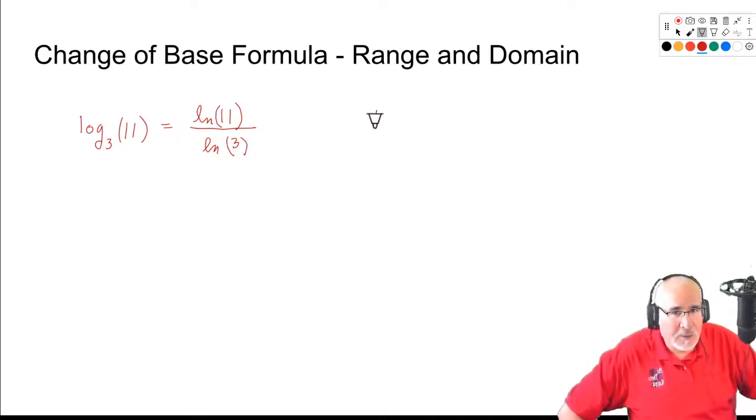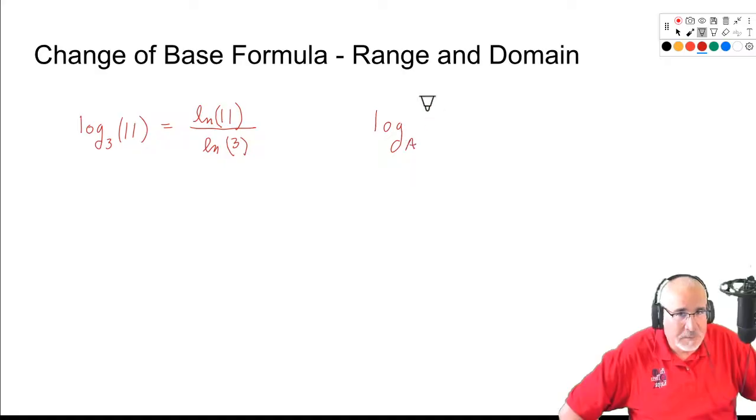So anytime you have a logarithm with some base and you need to calculate it, you can do it with the natural log divided by the natural log of the base.